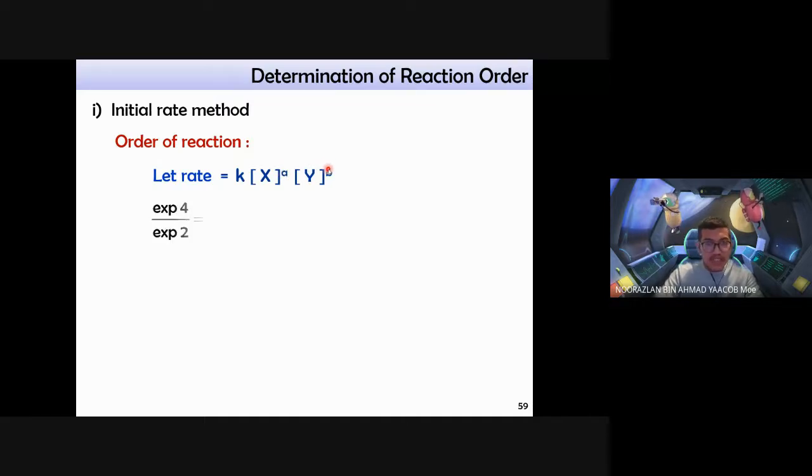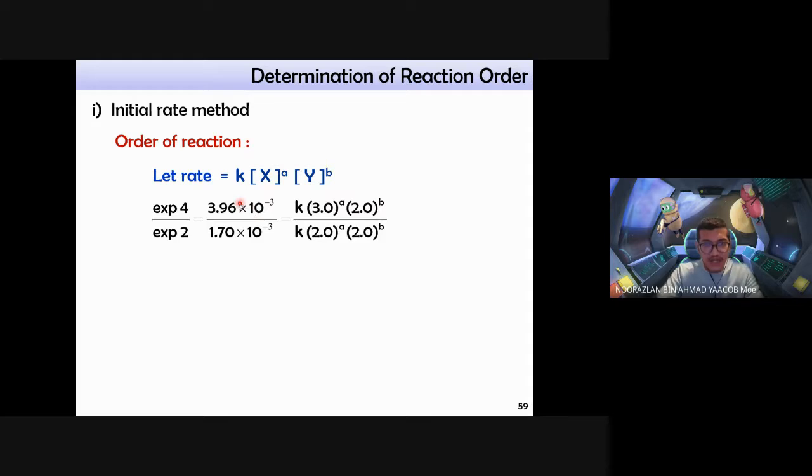Okay. So from experiment 4, dalam contoh ni kita guna experiment 4 sebab experiment 4 dia punya concentration of Y dia sama, 2.0, 2.0. So experiment 4 divided by experiment 2, where this is the initial rate for experiment 4 and this is the initial rate untuk experiment 2.